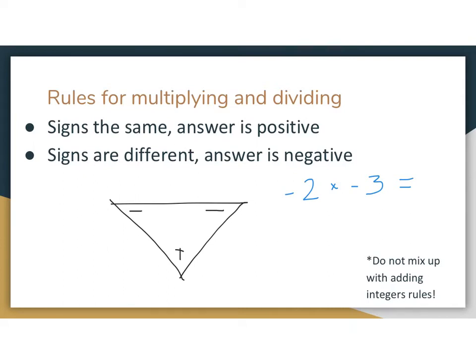So my answer is going to be +6. Okay, let me erase all of that so I can show you again. My answer was +6. Now, let's do this if I gave you the problem 10 divided by -5. So, again, I'm going to take my marker and color over a positive number and a negative.